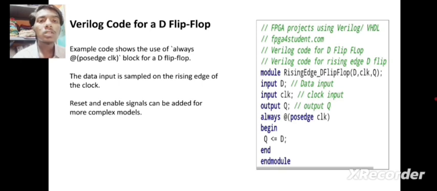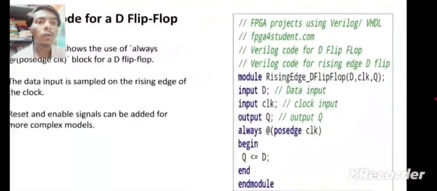The next is Verilog code for a D flip-flop. So the example code shows the use of an always block for a D flip-flop. The data input is sampled on the rising edge of the clock, and the reset and the enable signals can be added for more complex models. So you can observe the Verilog code for a D flip-flop.